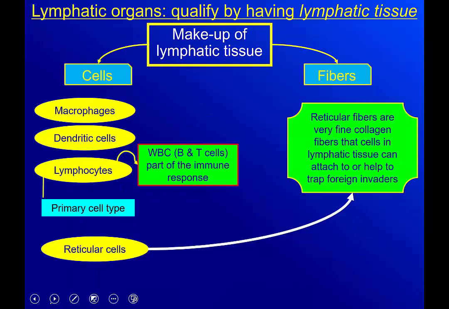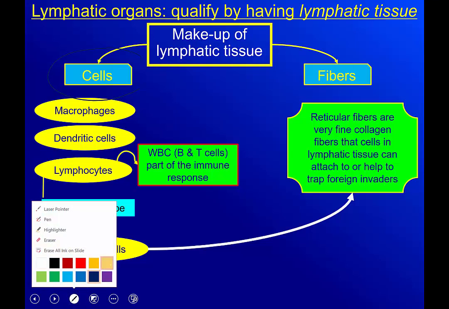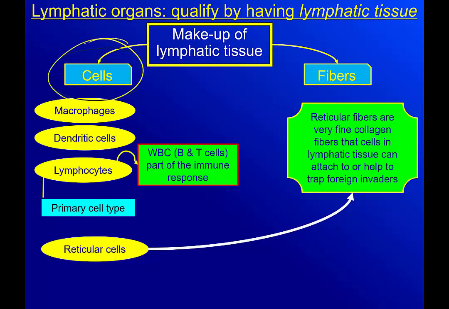Okay, so how do I qualify as lymphatic tissue? When I say I am a lymphatic tissue, what do I have to have? I have to have specific cell types, and I have to have specific fibers. Reticular fibers. When we talked about reticular fibers in AP1, I talked about packing peanuts, and I said it's kind of like it fills spaces.